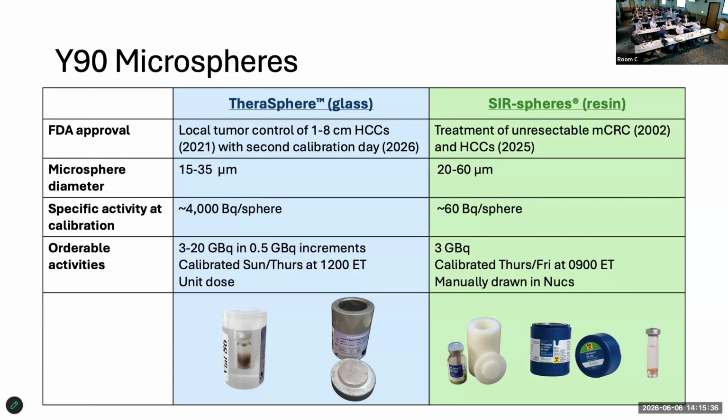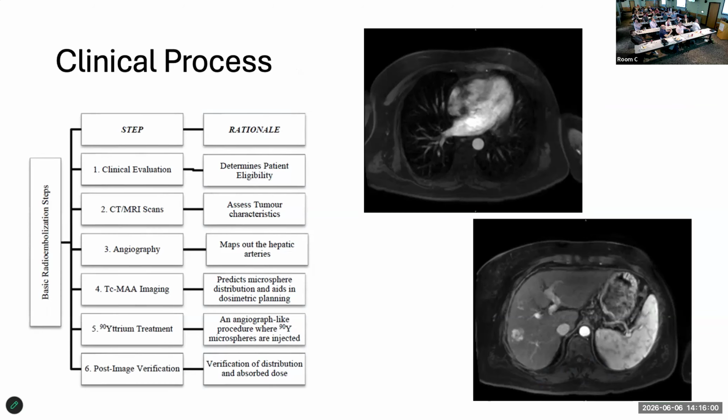These are pretty similar in size. There are some downsides to resin microspheres, including leaching, stasis, things along those lines, and they have a lower specific activity, which is why a lot of physicians are turning closer to these glass microspheres. However, you have some benefits of SurSpheres in that you can kind of draw them up in nuclear medicine the day of the treatment to ensure maybe like a more personalized dose to your patient.